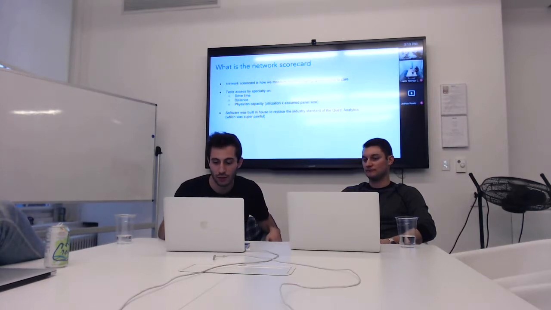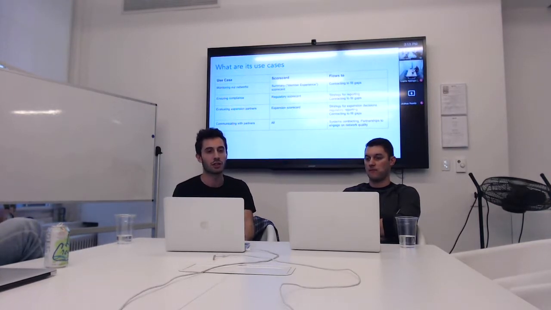Cool. So what are the use cases? There's kind of four that I put up here, and presumably they will expand over time. Broadly, they're monitoring our networks, ensuring compliance with regulations, evaluating expansion partners, and communicating with partners or providers. This is a reference of which scorecards we use for those use cases.